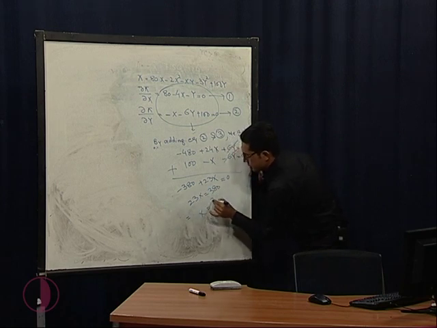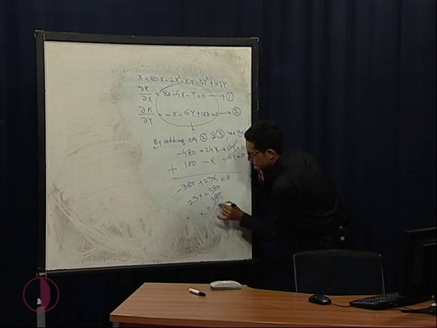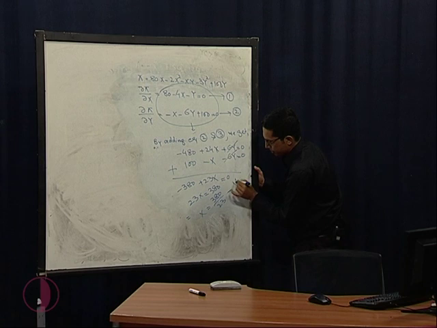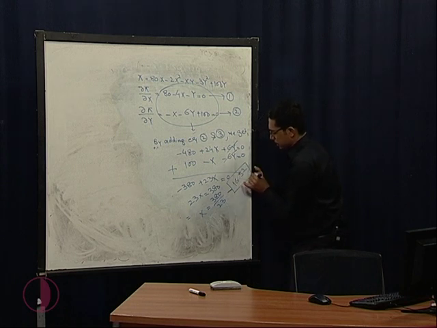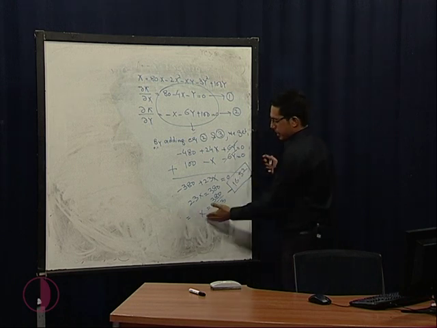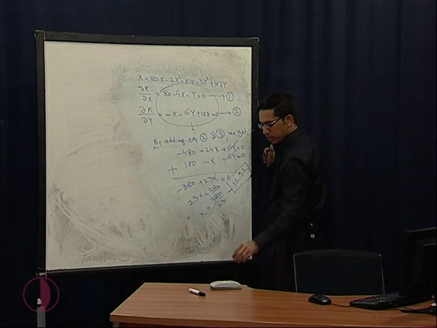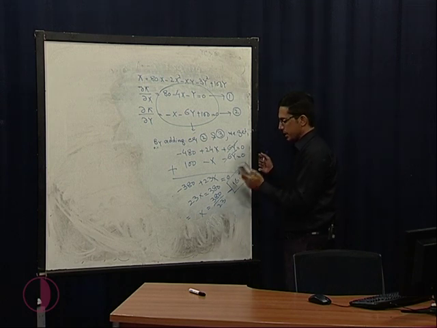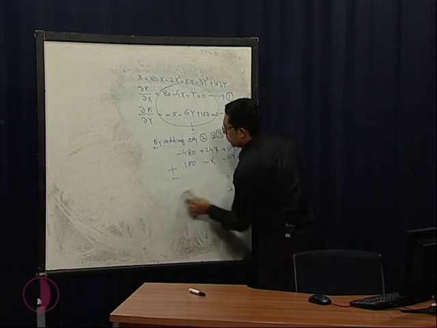It means x is equal to 380 divided by 23. We can get the answer 16.52. This is the answer. X is equal to 16.52. It means that the firm should produce 16.5, meaning 17 units.